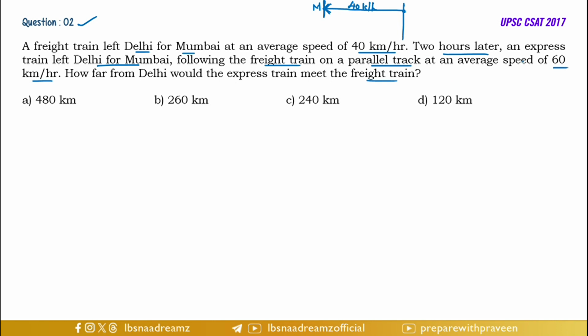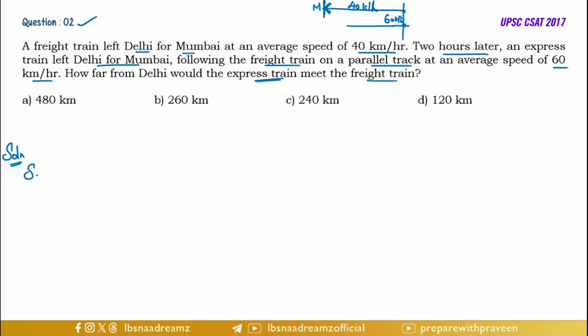After 2 hours, an express train is also leaving Delhi towards Mumbai following the freight train on a parallel track at an average speed of 60 km per hour. So how far from Delhi would the express train meet the freight train?